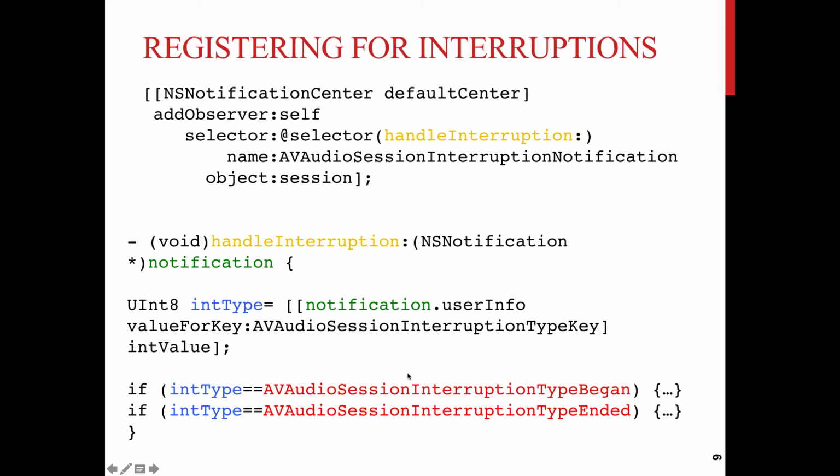In other words, the interruption is about to happen or the interruption finished happening. Depending on the case, we can fill out different commands. If the interruption is about to happen, we might want to pause the audio, and when the interruption has ended, we might want to automatically resume the audio. So this makes for a really nice user interface.